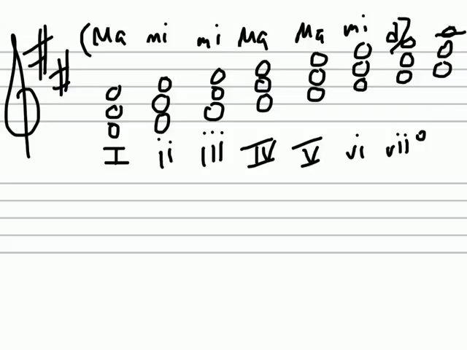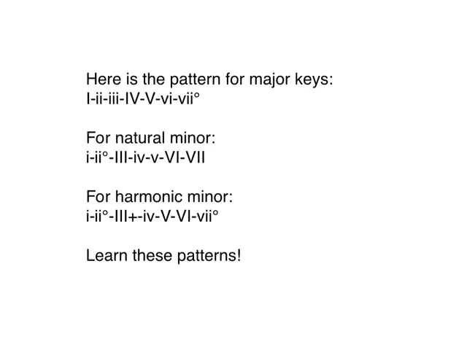Every 1 chord in major will be a major chord, every 2 chord will be a minor chord, etc. You could do the same for natural minor, and you'll find out that 1 will be a minor chord, 2 will be a diminished chord, 3 is major, 4 and 5 are minor, 6 and 7 are major.